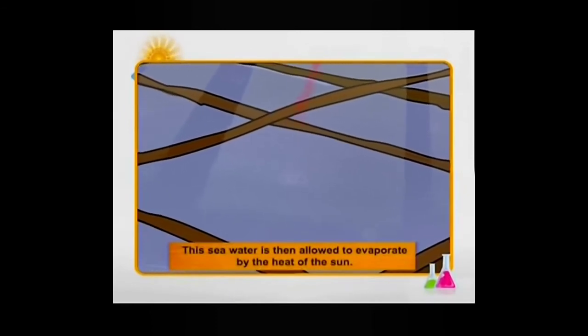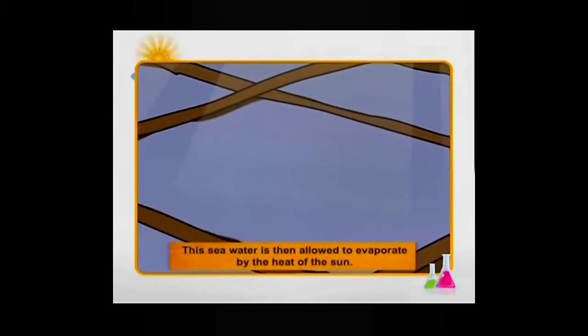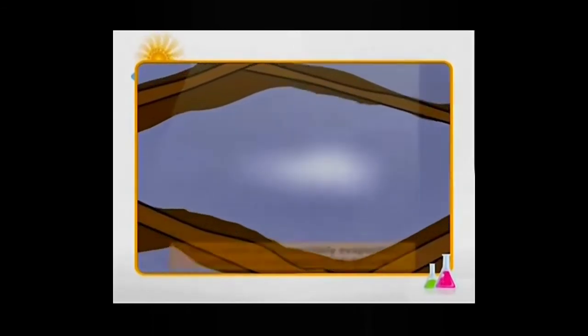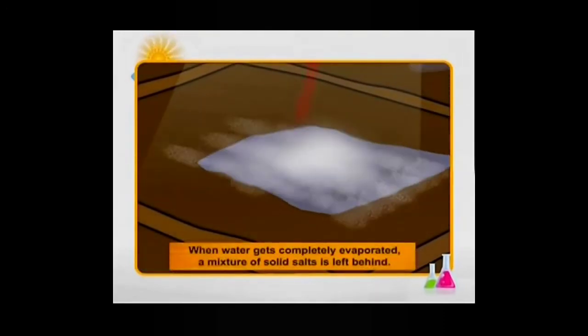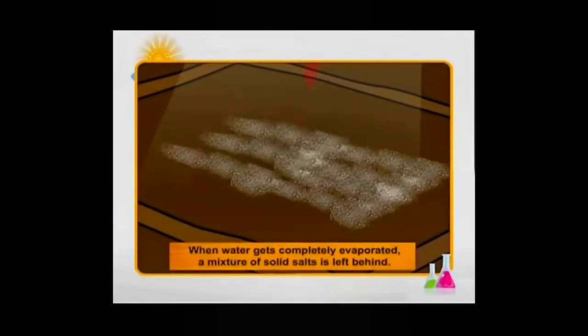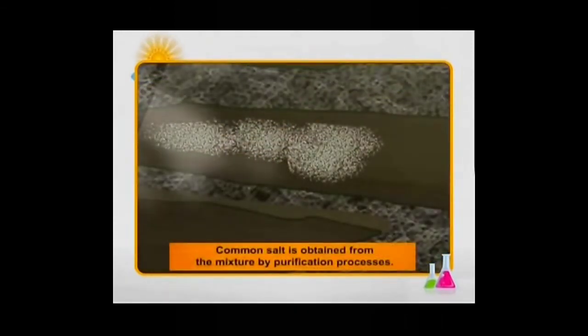After that, this water is allowed to evaporate, that is, due to sunlight this seawater gets heated and evaporates. When the water has completely evaporated, our common salt remains in the shallow pits and we can obtain that common salt. I hope you are now clear with the process of evaporation.